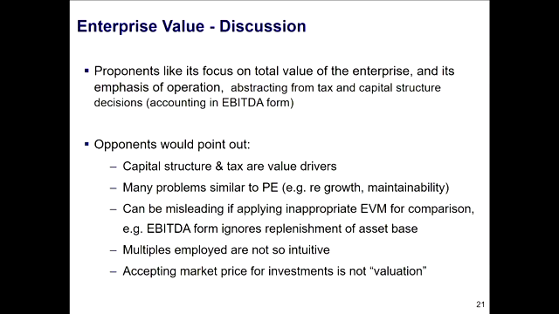We do not introduce the non-operating assets into the calculation of the multiple of the EBITDA or EBIT form. Although we do recognize that tax and capital structure might be value drivers, for some companies which have similar tax rate and similar capital structure, enterprise value multiple is a very good measure when you do comparison across firms.